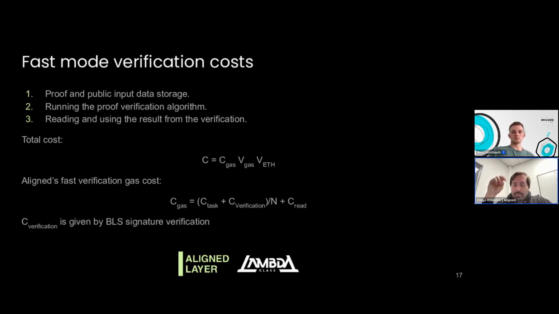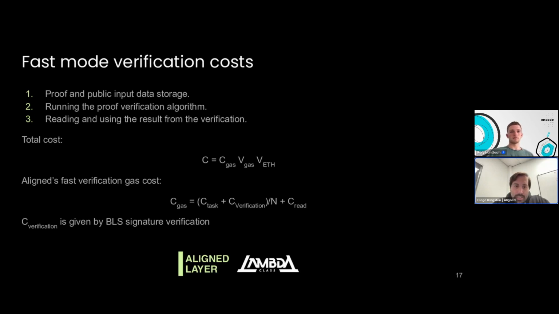So as you can see, we have a very good scaling, because not only does the cost of verification scale, but also the task creation, which can be quite significant. And then we have some ideas on how to make reading more efficient.